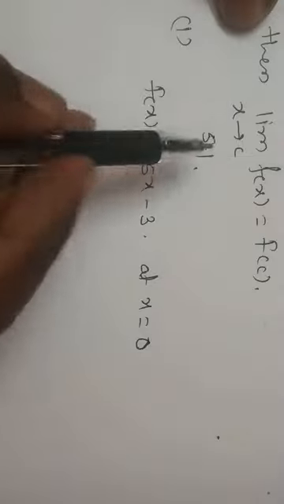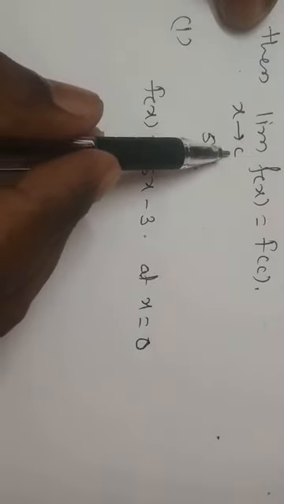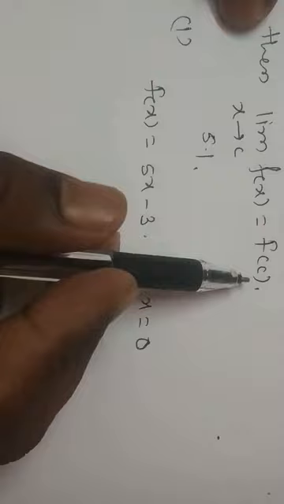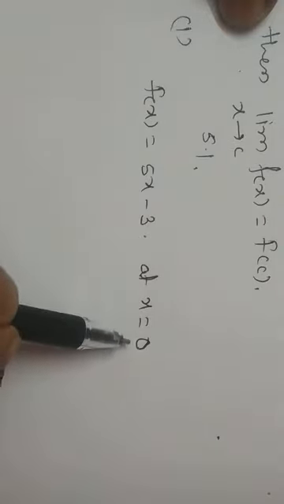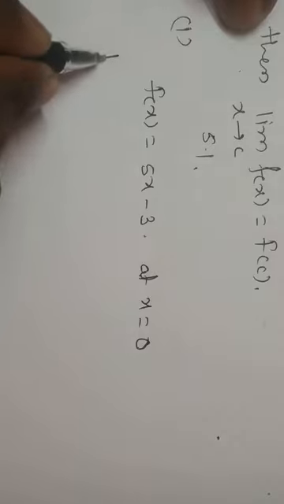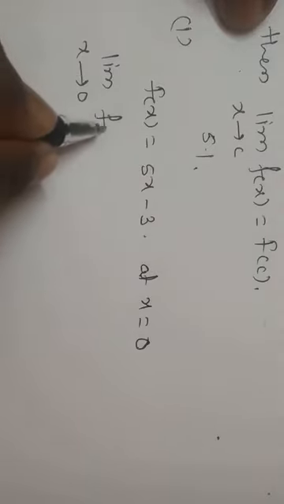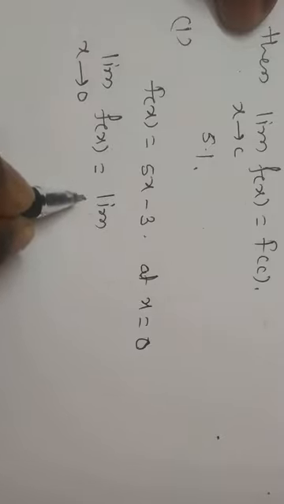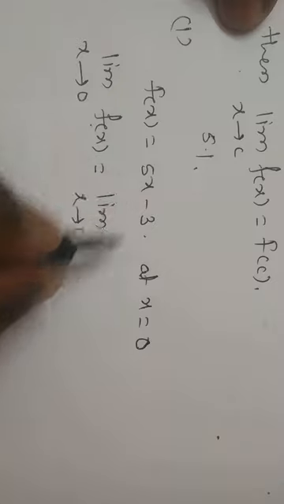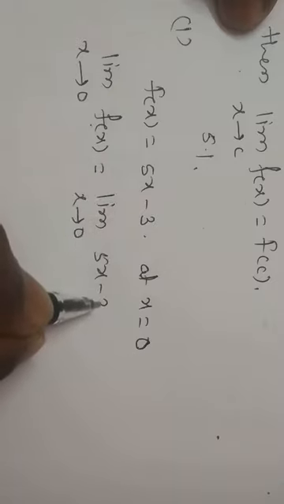As the definition says, limit x tends to c of f of x equals f of c. Here x tends to 0. So limit x tends to 0 of f of x is limit x tends to 0 of 5x minus 3.